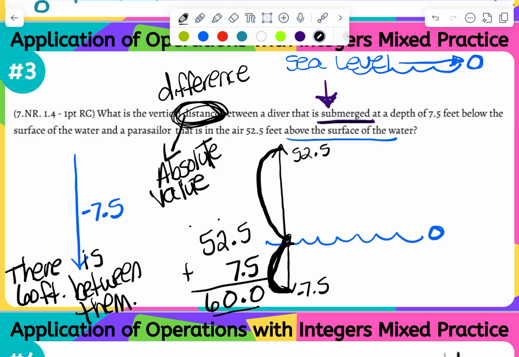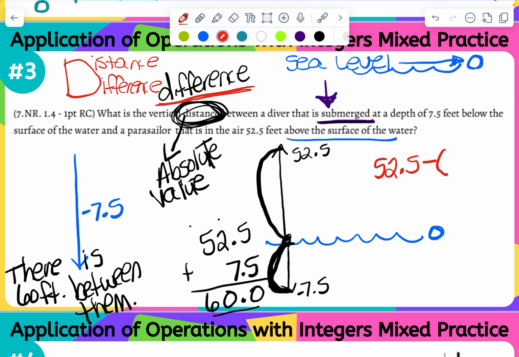Now, if you're asked for the math problem or the expression that would go with this, you have to keep in mind that you're doing the difference. Distance is difference. Okay? So that means that I'm going to do 52.5 minus a negative 7.5.